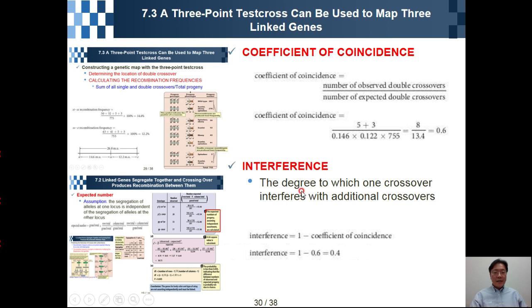Interference is 1 minus the coefficient of coincidence. So in this case, 1 minus 0.6 is 0.4, which is the interference.